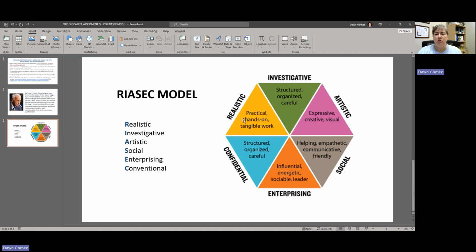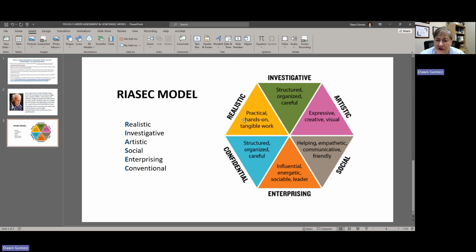So let's start with realistic. The realistic cluster are called the doers. These folks like to work with objects and machines. They like to be outdoors. They like hands-on work, tangible work that they can look back and see their efforts represented.